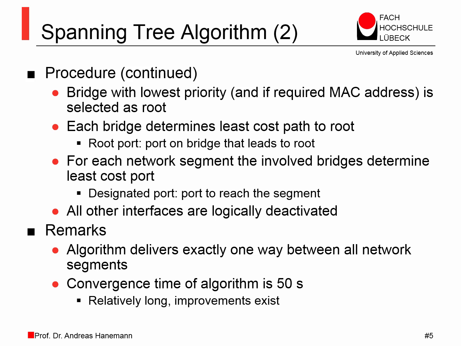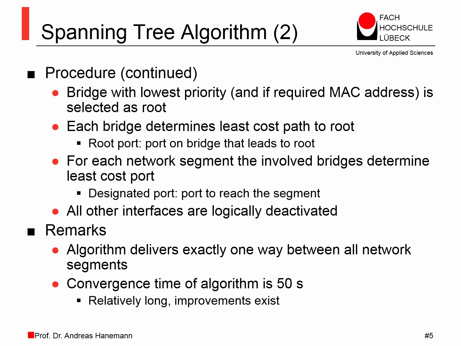The port with the lowest cost to reach the root is selected as the so-called designated port. All other ports which have not become root port or designated port are deactivated. These are redundant ports which have to be put in this passive state to avoid such loops as explained in the beginning of the video.